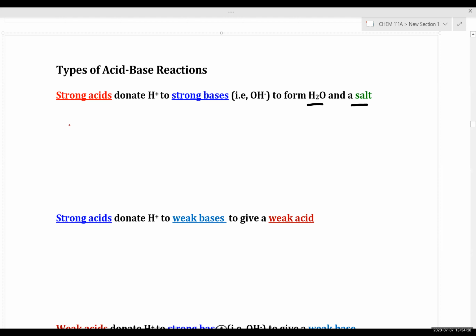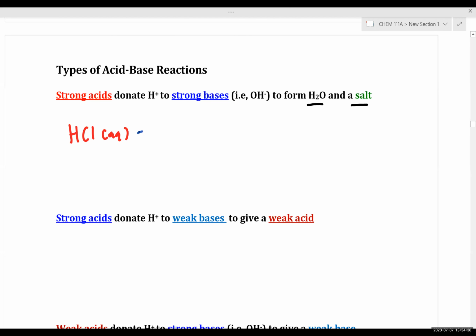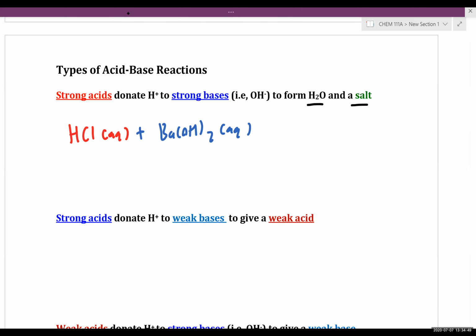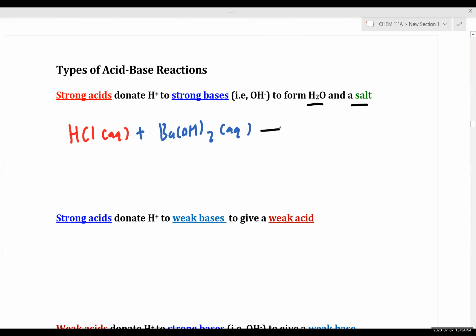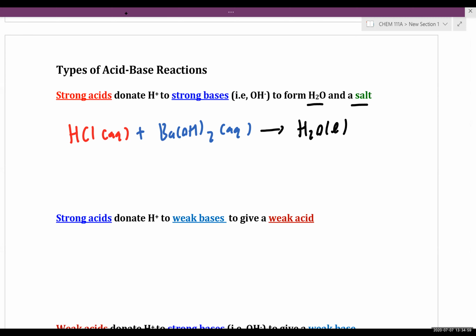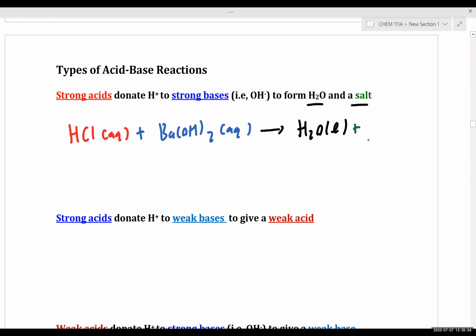HCl, sure. So we have hydrochloric acid. And for our strong base, let's do barium hydroxide. Okay, so there's a transfer of a proton from our acid to our base in order to generate water and a salt, where our salt would be barium chloride.